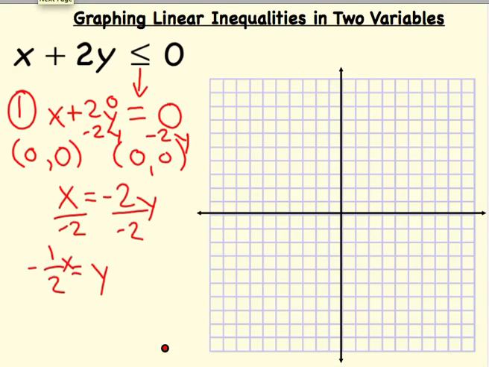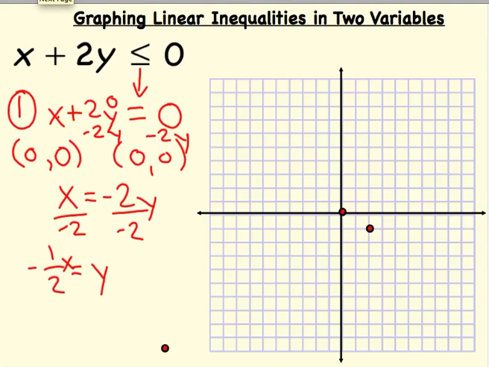So what we need to do here is plot the point 0, 0, because that's going to be our x-intercept. So if we were lucky enough to have two different x and y intercepts, then we would have easily just been able to plot our line. In this case, the x and y intercept were both the same. So we have to use this slope -1/2. So we're going to count down 1, right 2.